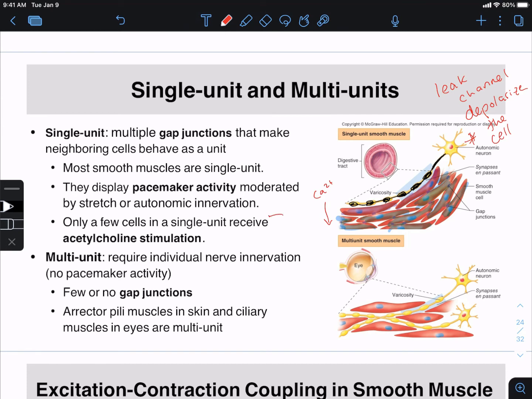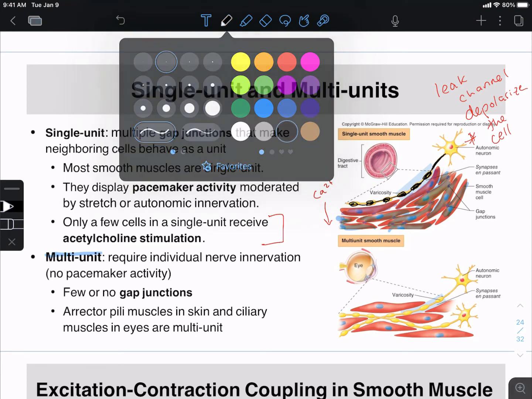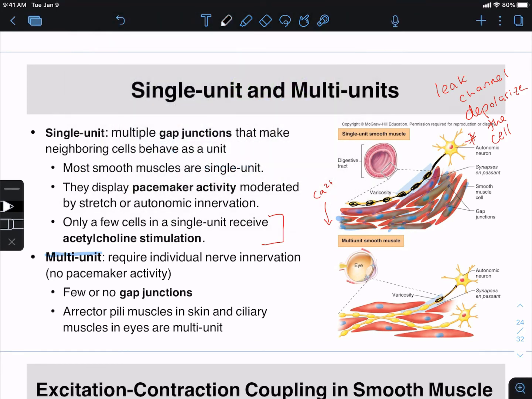Okay, and the important part of this is only a few cells actually receive stimulation from acetylcholine, or the neurotransmitter. Then we have our multi-unit, which actually requires, look at our neurotransmitter, look at our neurons. Neurons weave in between each of these tissues, which means that every single cell, or at least most cells, are exposed to neurotransmitter being released onto the surface of their cells.